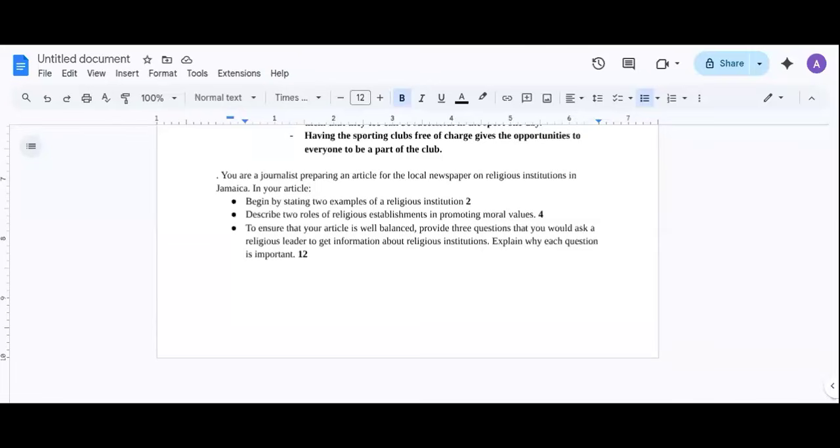This helps to show the difficulties they deal with in modern society. A third question could be, how does your institution help the community outside of church or worship? This is important because it shows how they support people in different ways. Good. Out of 12 marks, what are we giving her there?